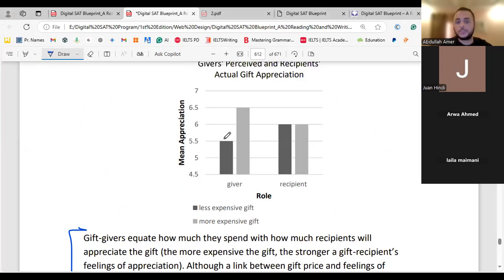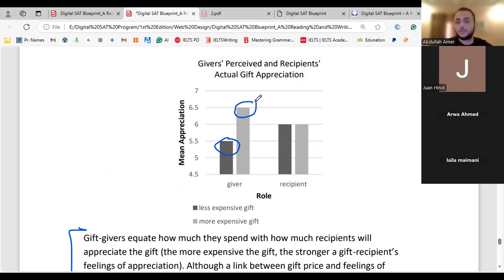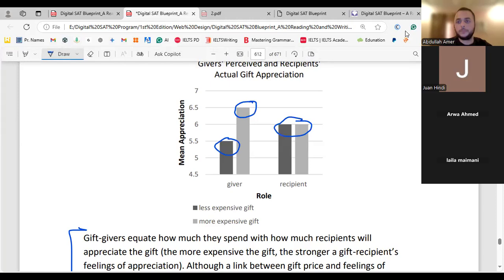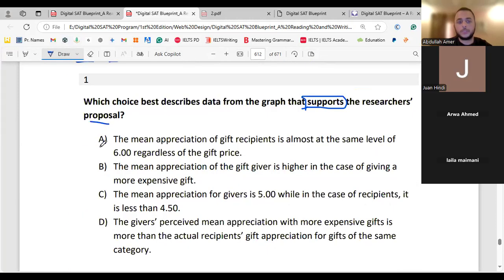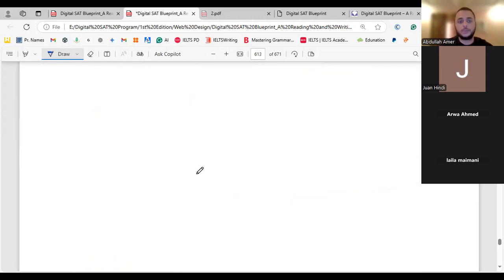So those are givers. This is what they think if it's cheap. This is what they think if it's expensive. And for recipients, it's almost the same. So that's why A is the correct answer.